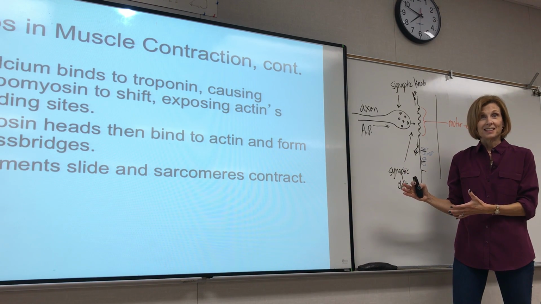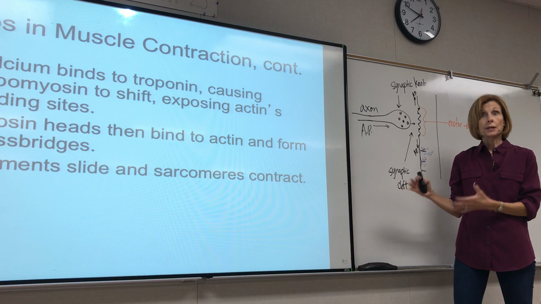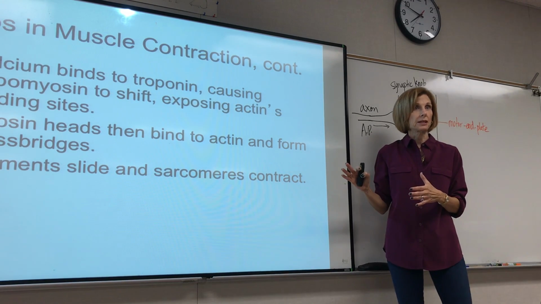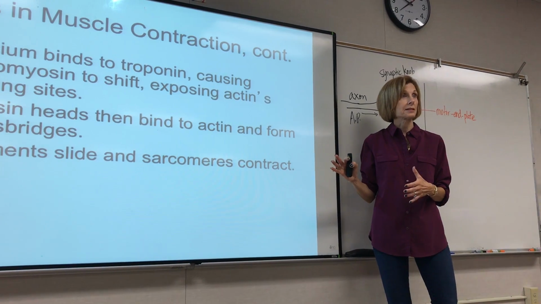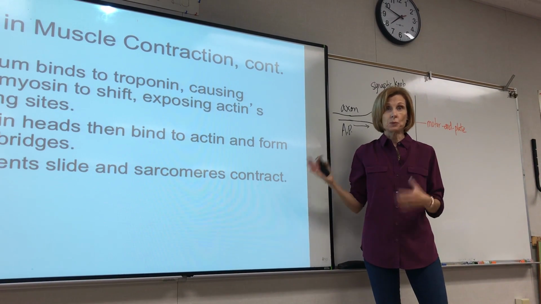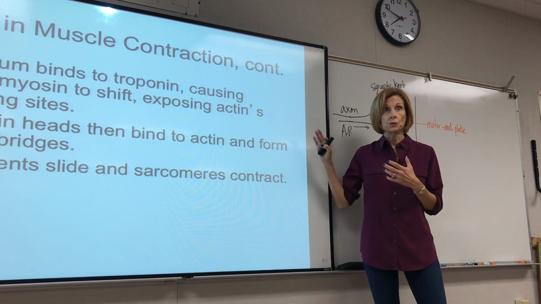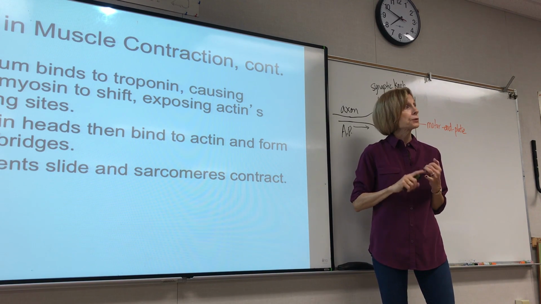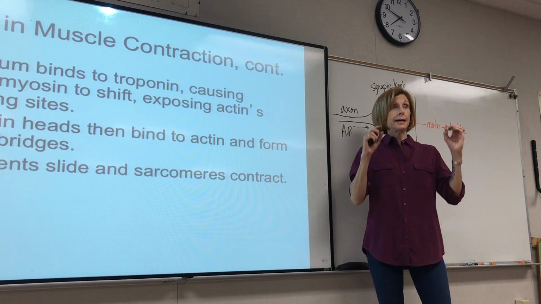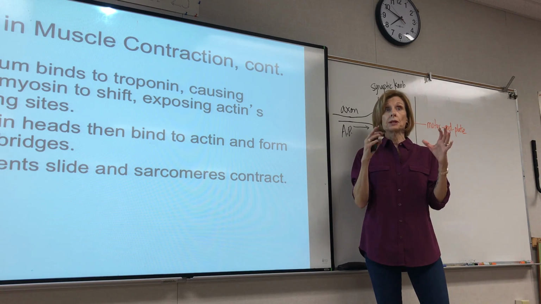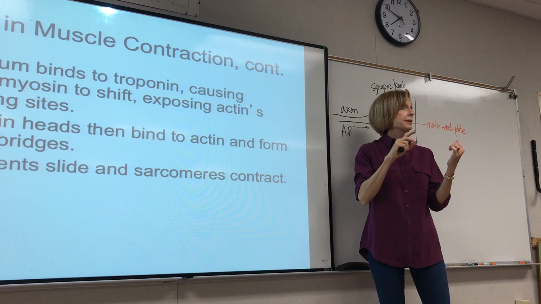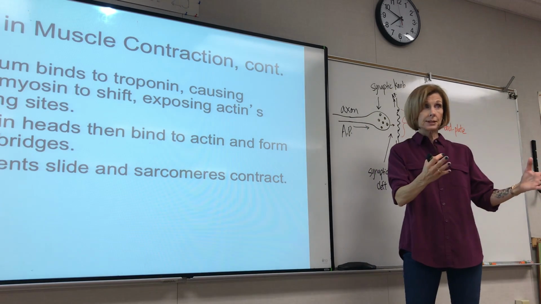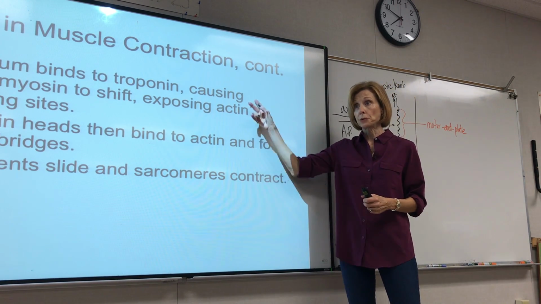Okay, and so even now, if you're feeling like, oh my gosh, I'm totally lost, you can get this by Wednesday. You guys have enough time to get this down, okay? So remember, as you're going through the structure of the muscle cell and you look at the diagram showing the parts of the filaments like the troponin, the tropomyosin, just go through their basic functions, and that will kind of walk you through these steps.